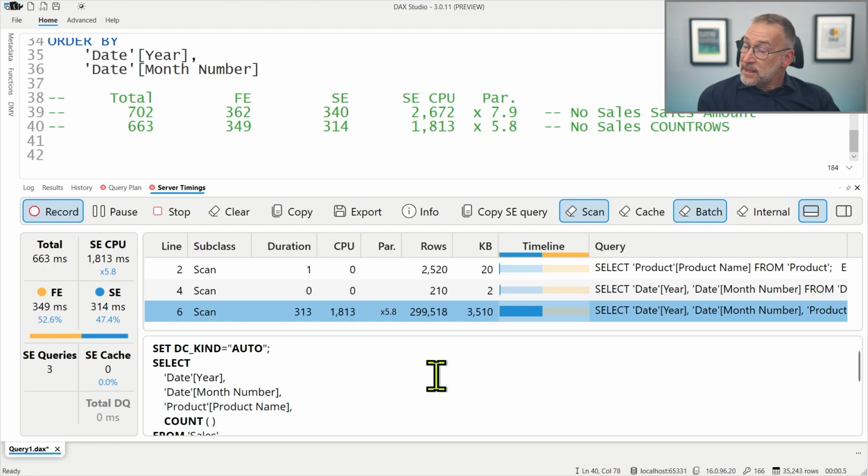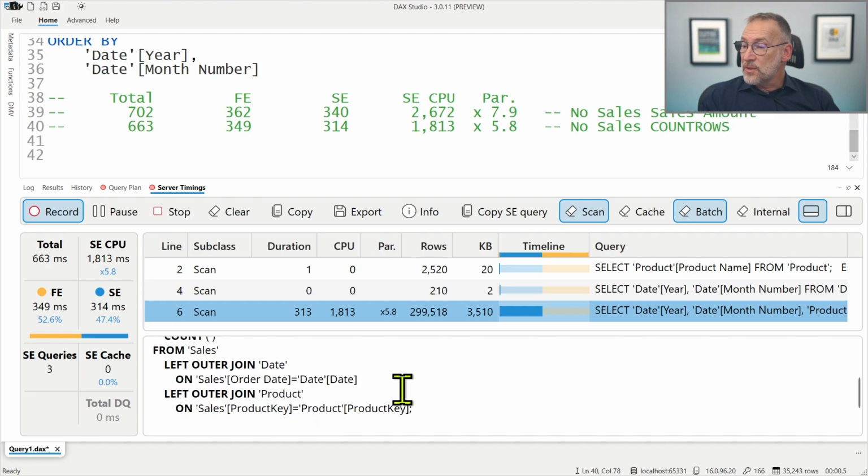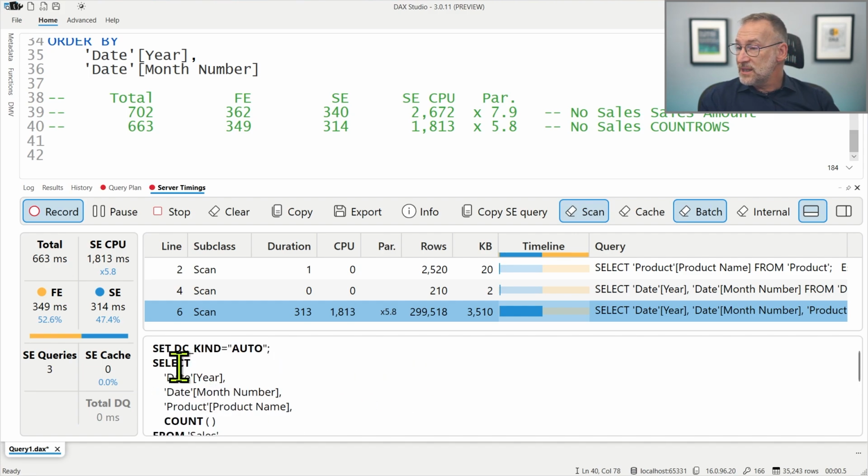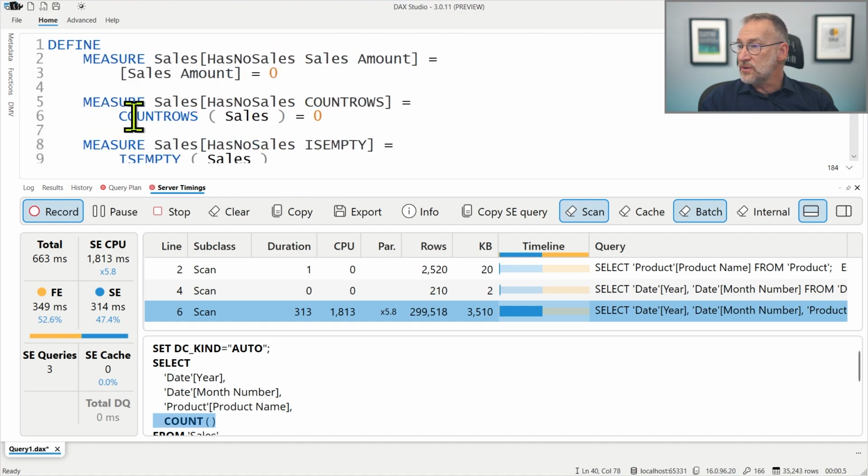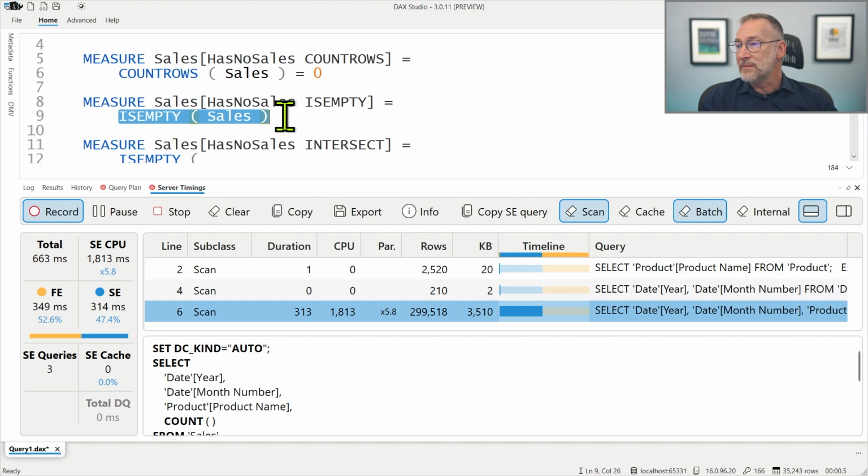Now, if we look closer at the query being executed, you see that it gathers the year, the month number, the product name, and then the number of rows, because we need the number of rows to perform this condition, that is, count rows of sales for the given combination equals 0. Maybe, using isEmpty, we have a better query plan. isEmpty doesn't really need to count the number of rows which are present for any combination.